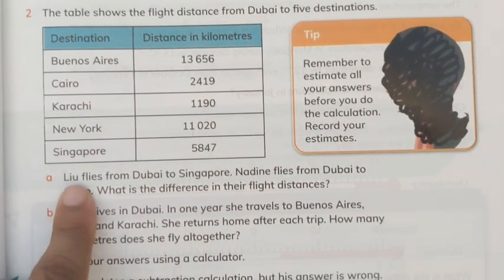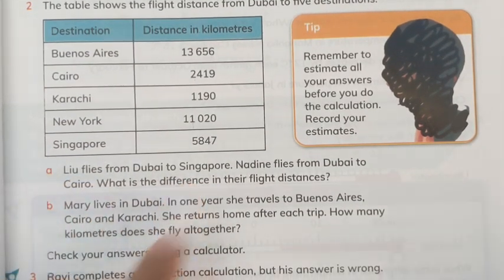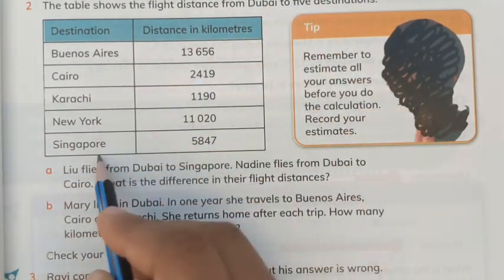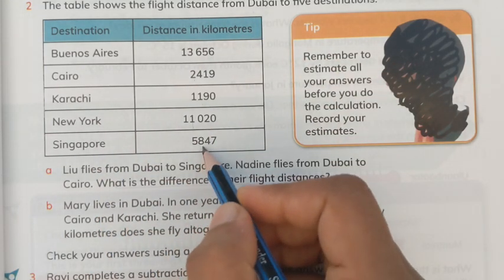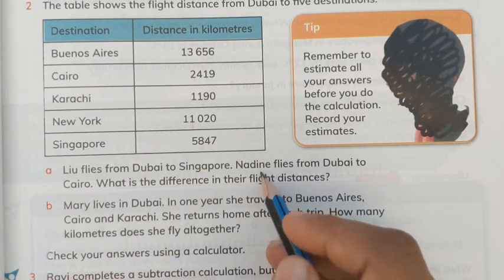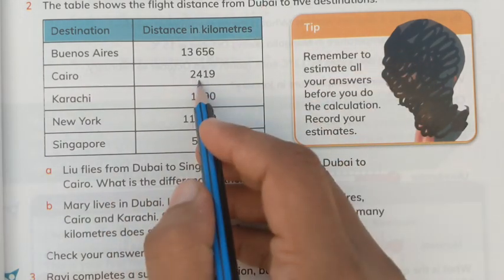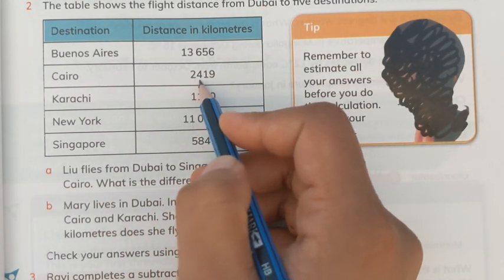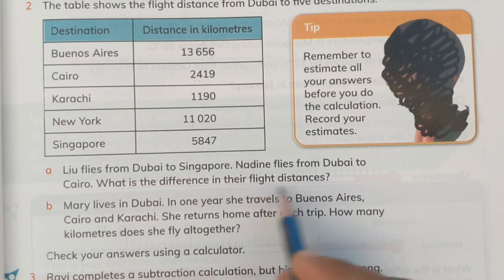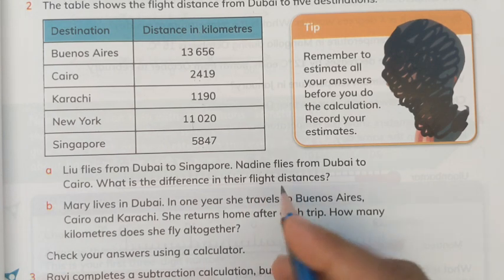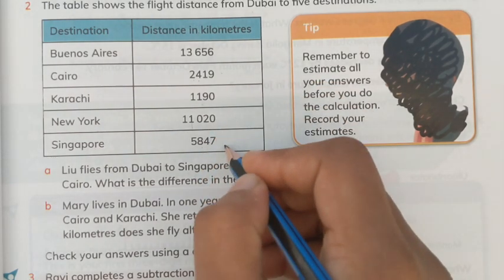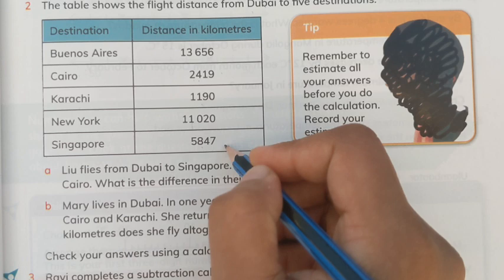What we have to do is, Leo flies from Dubai to Singapore, which has a distance of 5,847. Nadine flies from Dubai to Cairo, so it has a distance of 2,419 kilometers. What is the difference in their flight distances? What are we going to do? We will simply take these two distances and figure out the actual distance between the two.